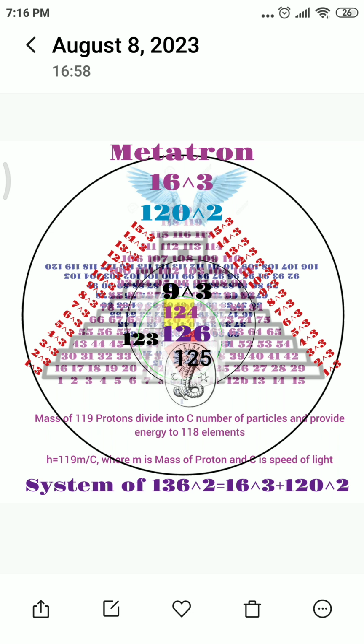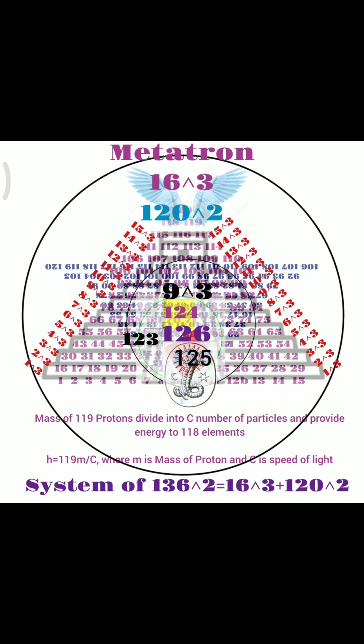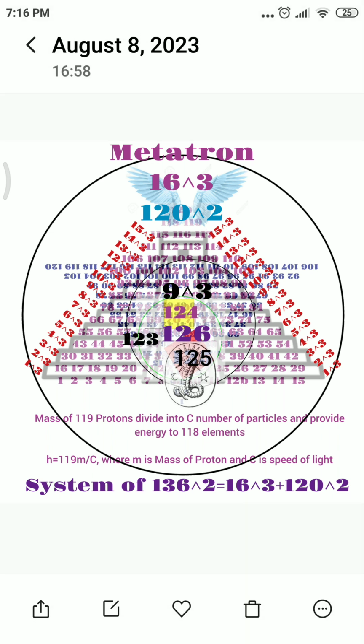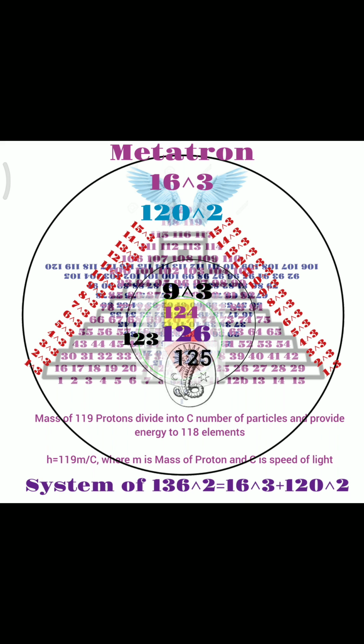And when you talk about the next part of the pyramid, this is 125. 123, 124, 125 together make 126, as we can see in the Pythagorean triad, right? Those cubes. So this 125, in my opinion, is 5 cube. 125 is nothing but 5 cube.